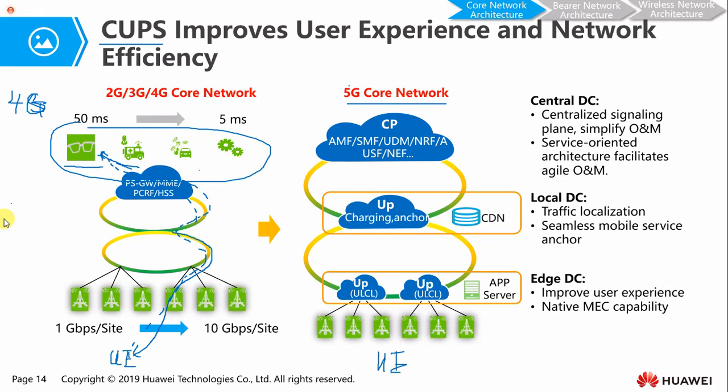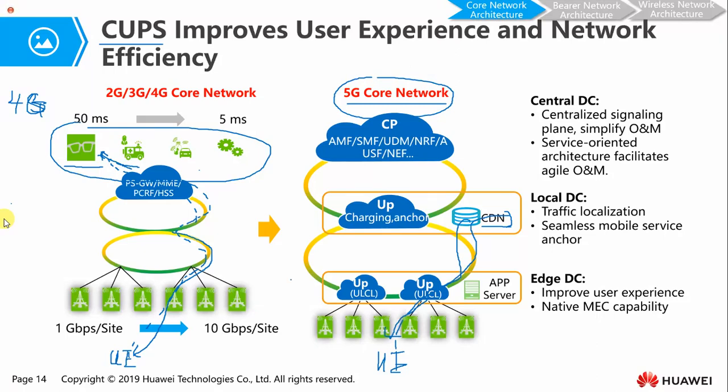And let's see our 5G CUPS. If the UE wants to visit the video server, which is the CDN, content delivery network, the UE just needs to visit the local DC, and then they come back. Compared with 4G, it is very near.